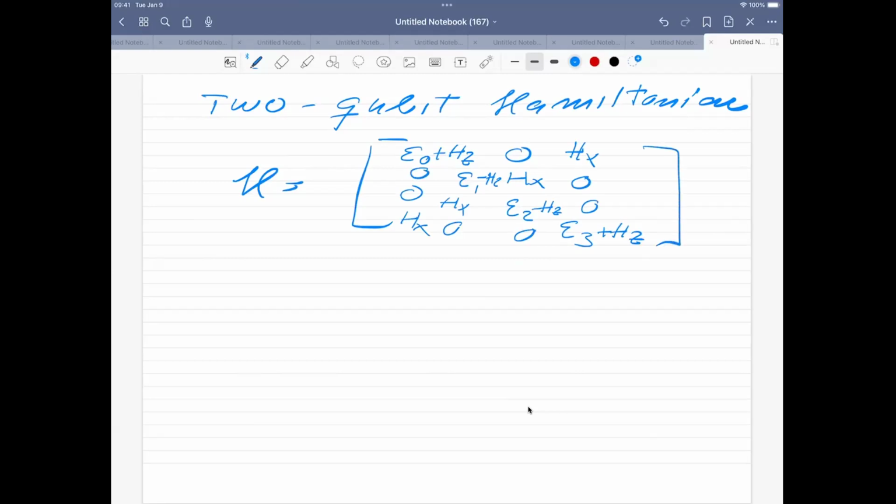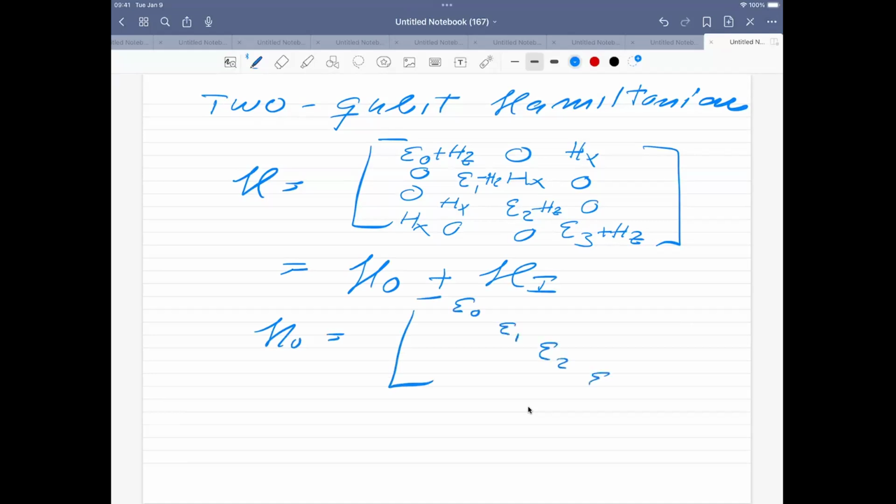This is something which I can rewrite in terms of different combinations of Pauli matrices. So I can write this out as an unperturbed or non-interacting piece, H0, plus an H interaction. H0 is going to be given by epsilon 0, epsilon 1, epsilon 2, and epsilon 3.